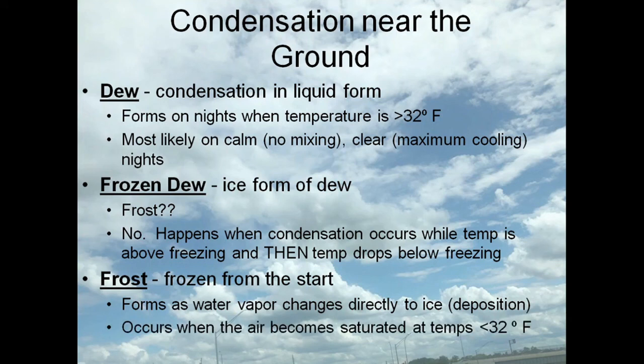It occurs when the air becomes saturated at temperatures below 32 degrees. So if there is water vapor in the air, it's already below freezing, the temperature drops to the dew point, saturation happens, and it just freezes right out of midair. That's deposition.